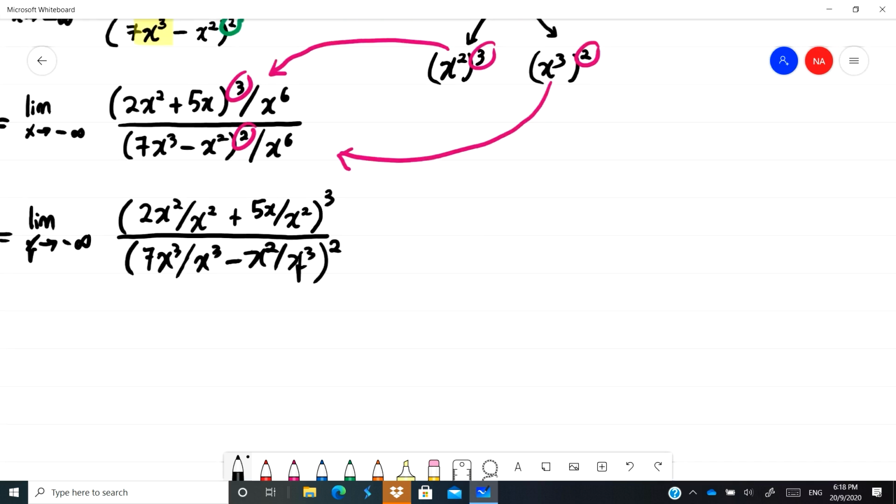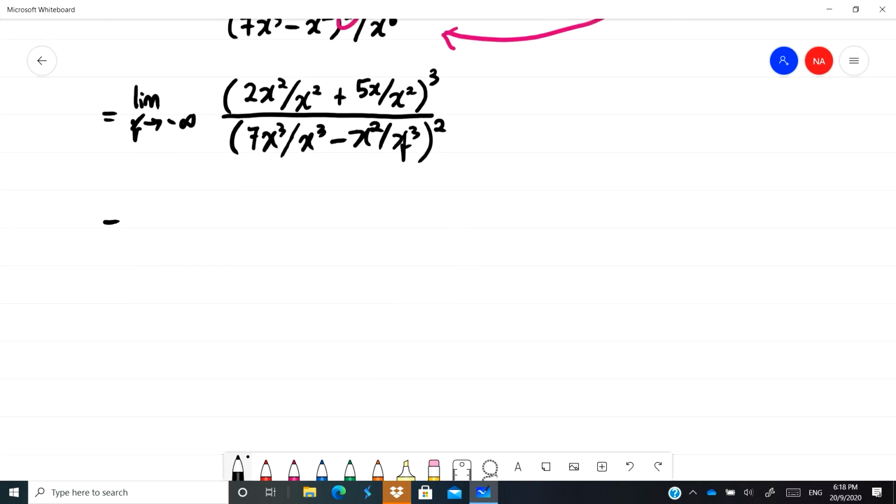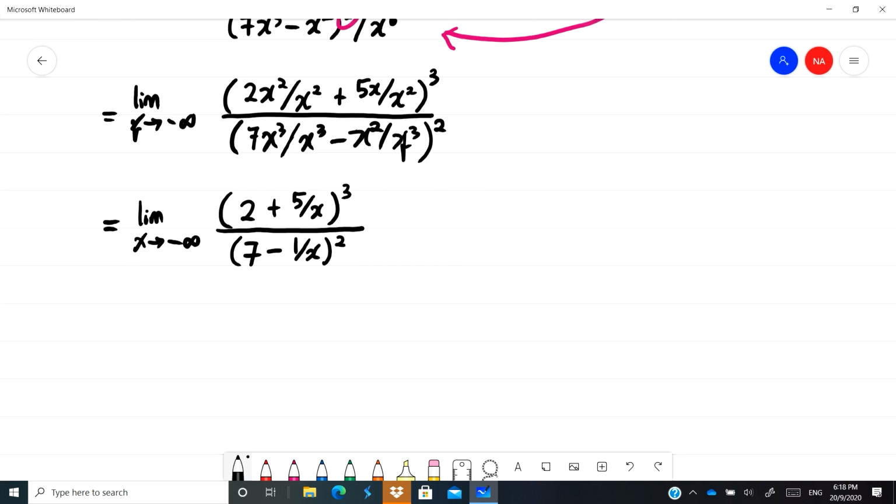Now we have to simplify this. So this will be the limit as x approaches negative infinity. Simplifying, we get (2 + 5/x)^3 over (7 − 1/x)^2.